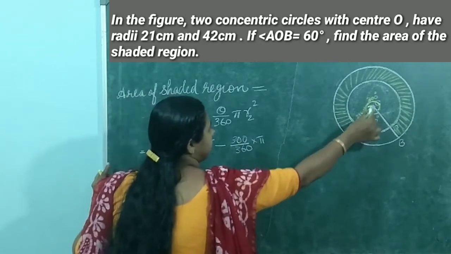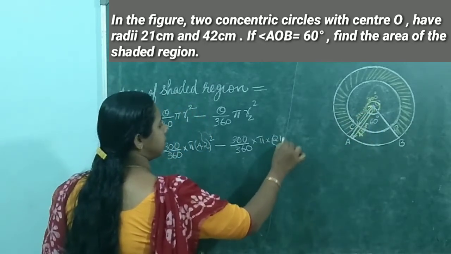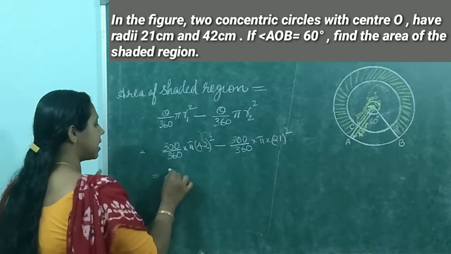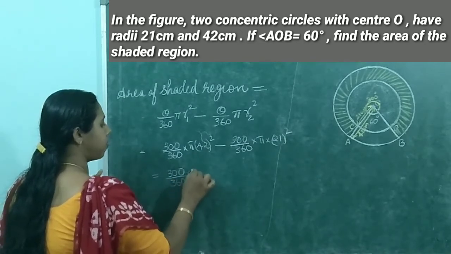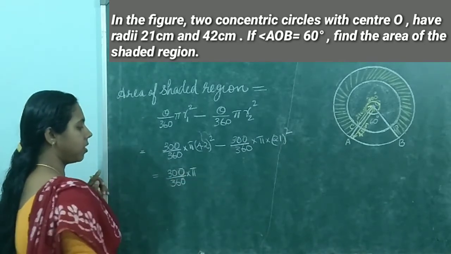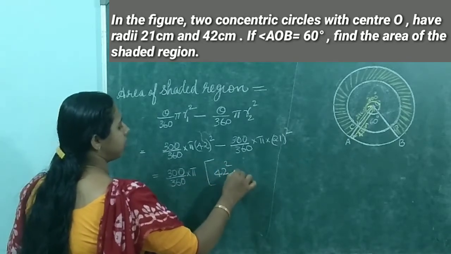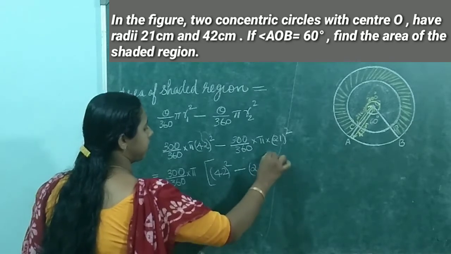Here r2 is equal to 21, so 21 squared. In both the terms, 300 by 360 into pi is common. So inside it will be 42 squared minus 21 squared.